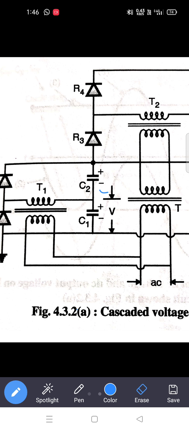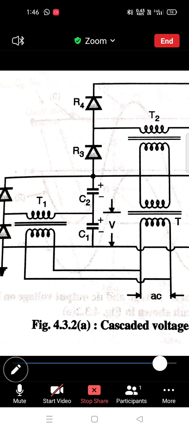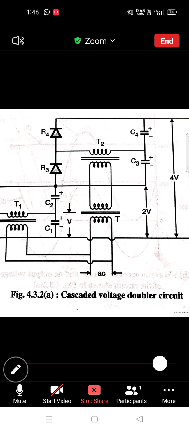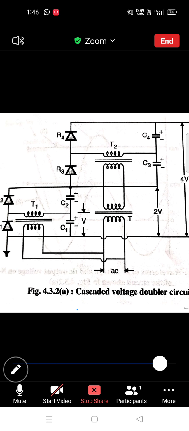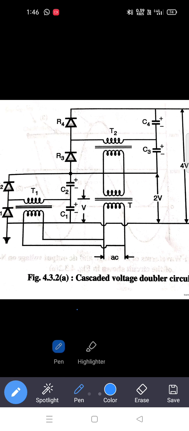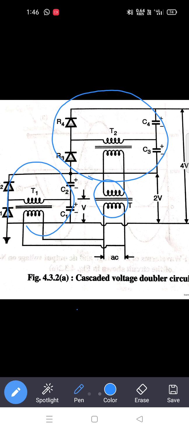Then after the 2V, we connect one isolated transformer. It is called an isolated transformer. It will isolate one circuit from another circuit. The purpose of this isolated transformer is only to provide the source to these two stages.